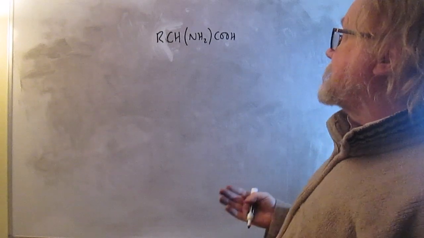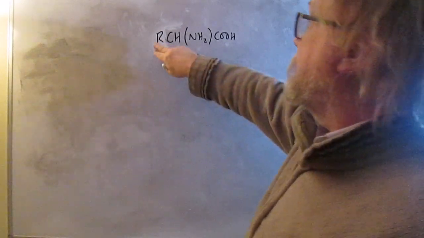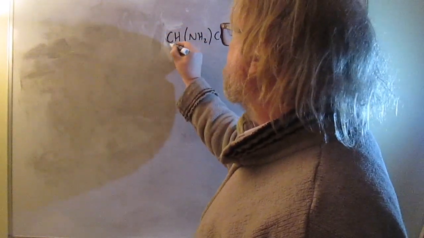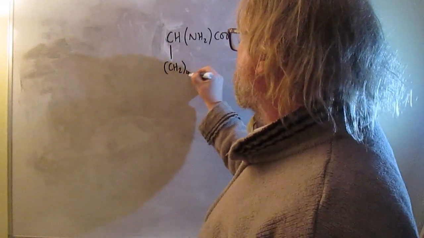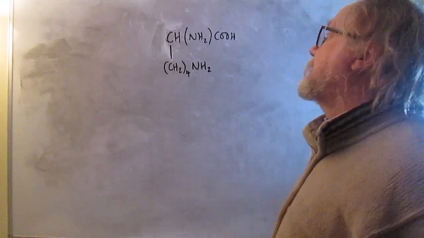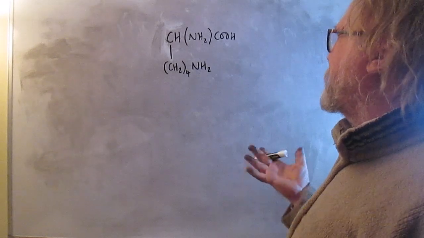B is now asking us about a different amino acid, lysine, which has a different R group. So again, make sure you read the question carefully and registered it's asking about a different one. And this one has four CH2s and then an NH2 there. So, you know, you could draw it like that, but it's messy.